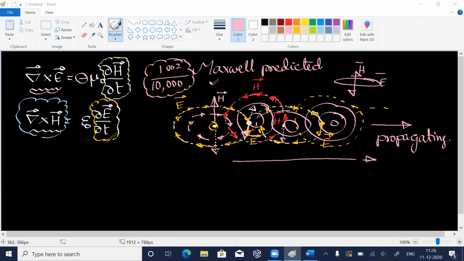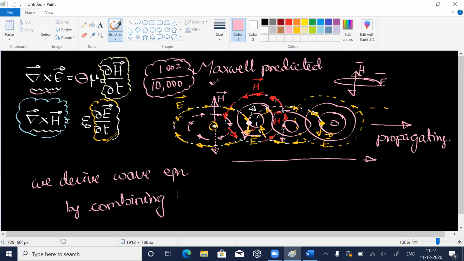So we know that since the curl equations predict propagation, now it makes sense that we derive the wave equation by combining the curl equations.